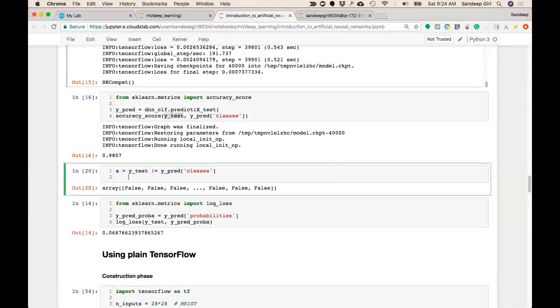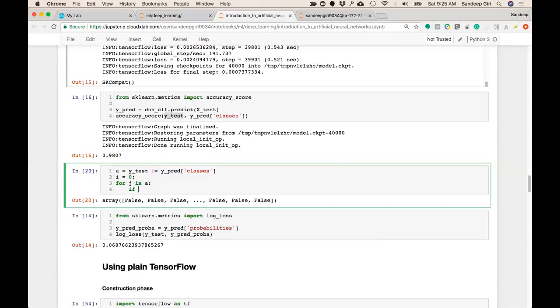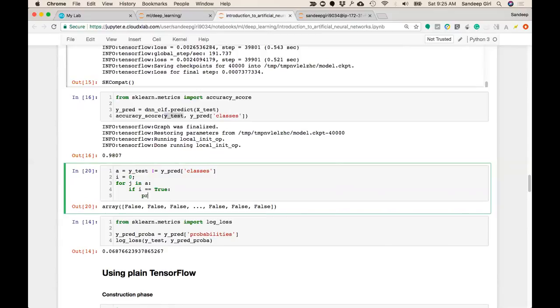So we could say i equals 0, and for j in a, if j is true, print i.